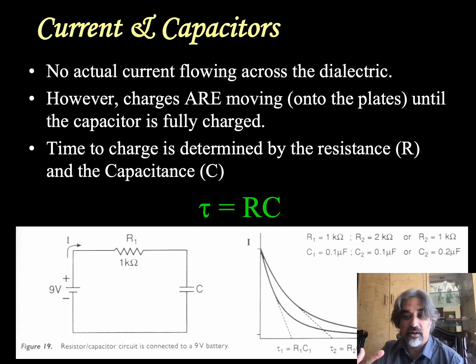How fast the capacitor charges is thus inversely proportional to both resistance and capacitance. Tau is the time constant. The larger the tau is, the longer a given resistor and capacitor pair takes to charge or discharge. This is analogous to the time it'll take for the reservoir behind the dam to fill up.